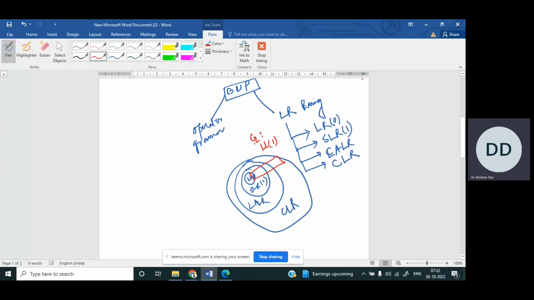Because if it is to be CLR, then the grammar should lie in this region. But if the grammar lies in this region, then definitely it is not CLR. Correct. Now we will be covering those portions once again later. As of now, just try to understand that.